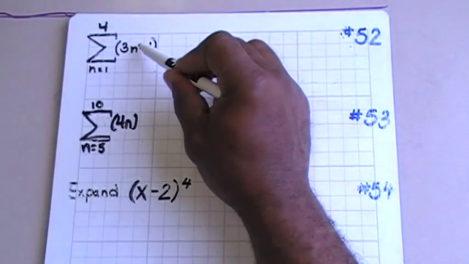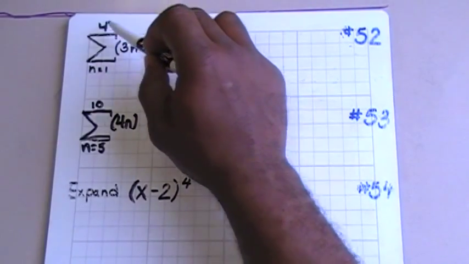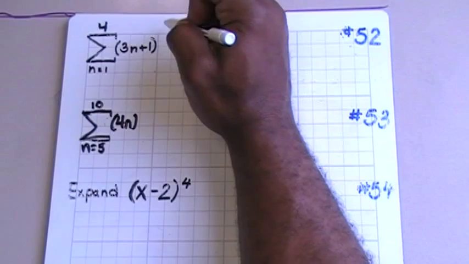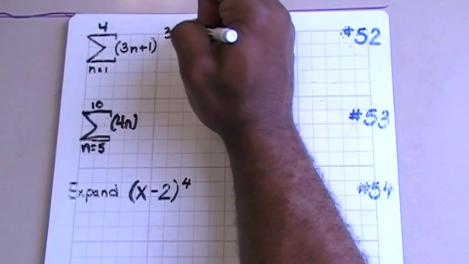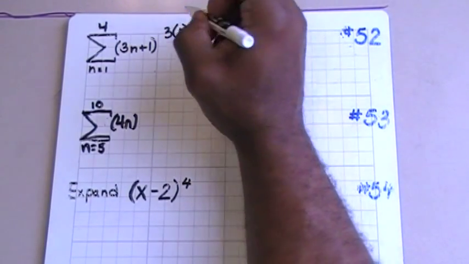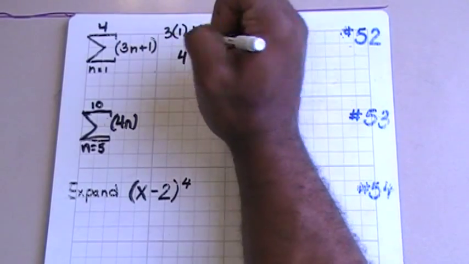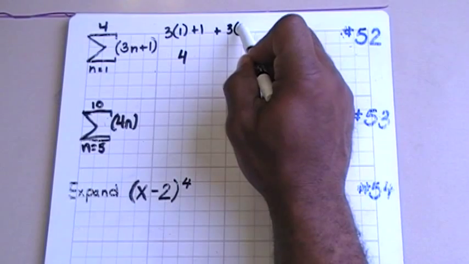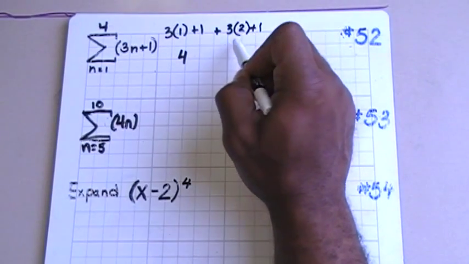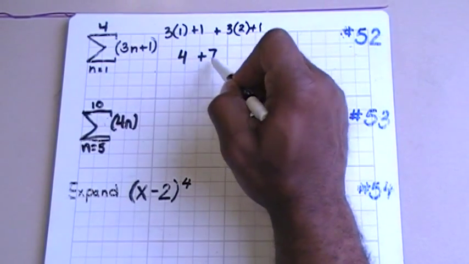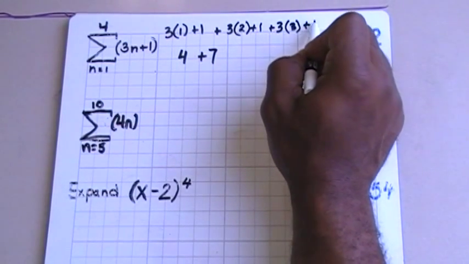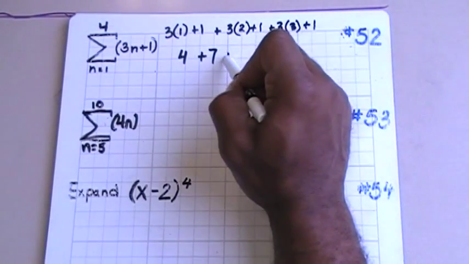You're plugging 1 in, 2 in, 3 in, you stop at 4, into the function and adding the numbers. So we have 3 times 1 plus 1, which is 4, plus 3 times 2 plus 1, that's equal to 7. Plus 3 times 3 plus 1 is 10.